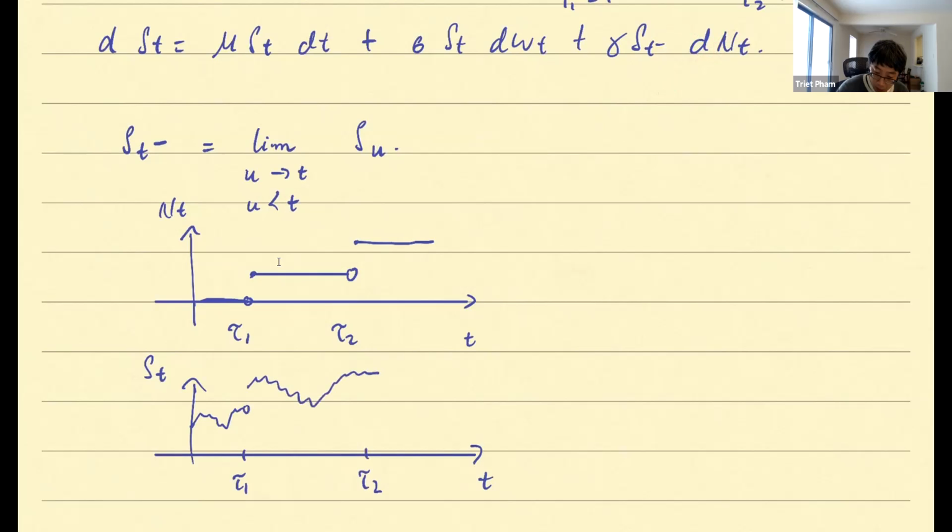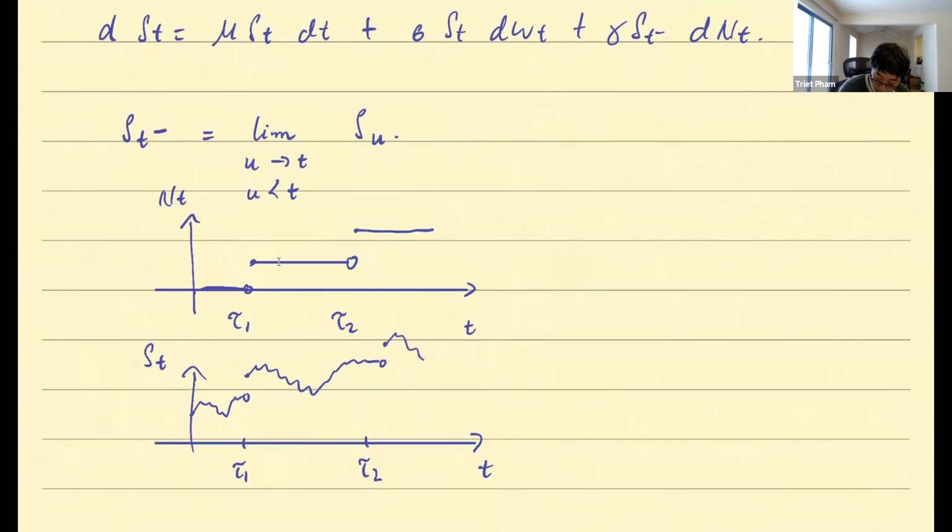And then at tau 2, again, the Poisson process jumps. So it will induce a jump in your stock. Again, some jump, maybe, right? So here the jump will be higher, and then we'll do something like that. Is that okay?